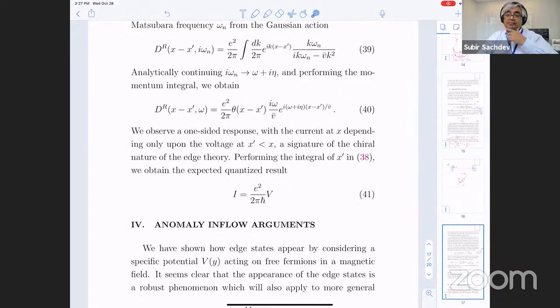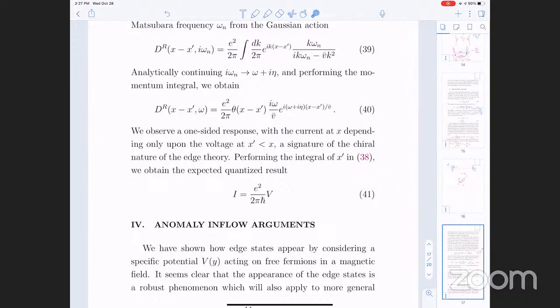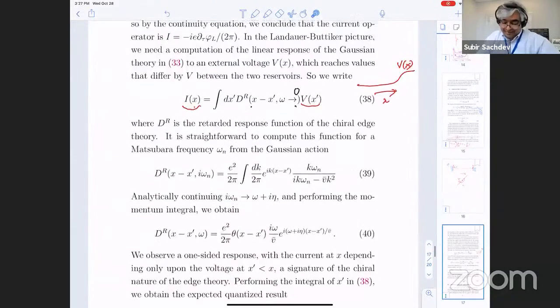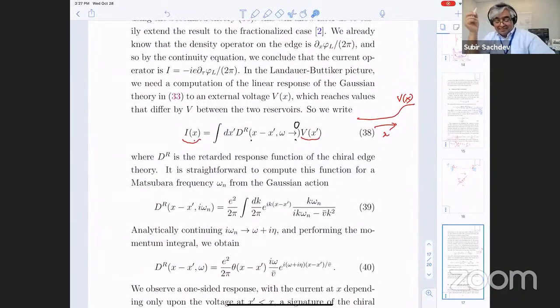Sabir, yes. Is there a diamagnetic term in this case because the action is second order in the gradient of phi? Well, yes. So, I know I worried about that a lot. I think the way to think about this is that this boundary theory is anomalous.